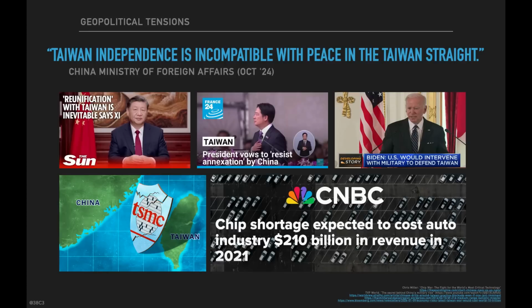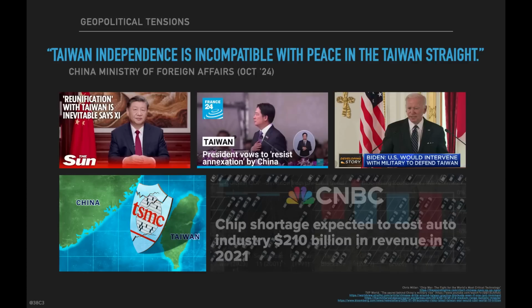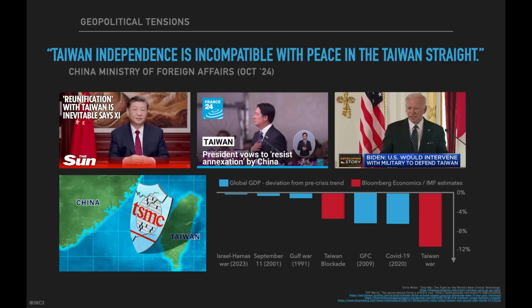For example, here you may remember the chip shortage during COVID that, by estimates, cost the car industry about $200 billion, and that was a relatively localized chip shortage. There are estimates that show that the blockade of Taiwan would cause a drawdown in world GDP on the scale of the global financial crisis or COVID-19, and an outright war between China and Taiwan would roughly double that.